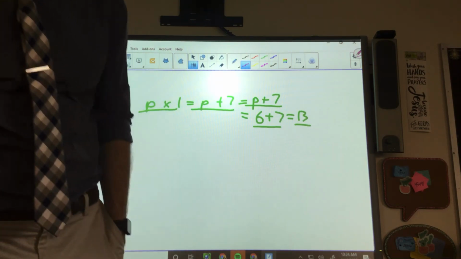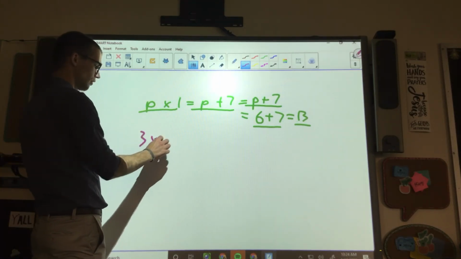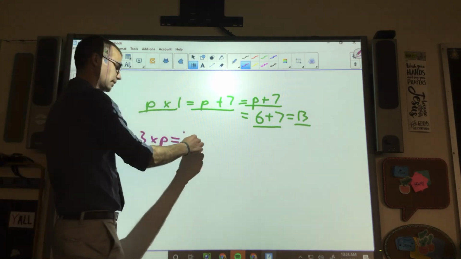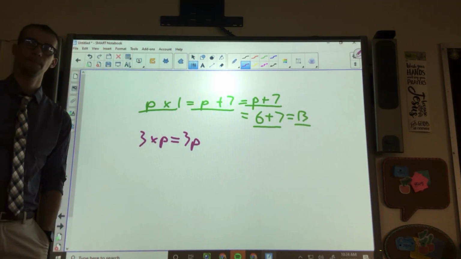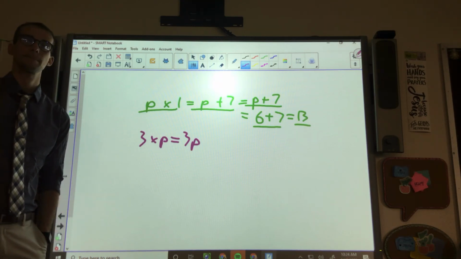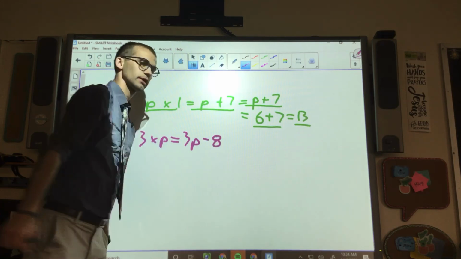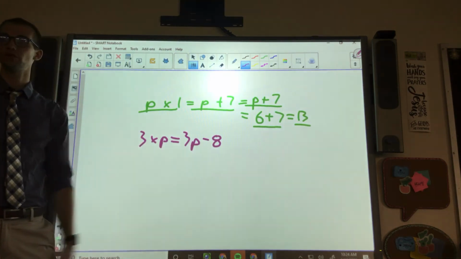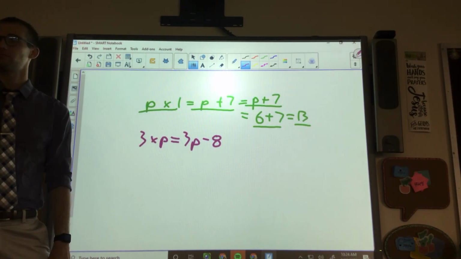So, on there, for the next one, it says 3 times P. What is 3 times P simplified to? 3P. And then what's the next thing they tell you to do? Jordy? Minus 8. Okay, do you know what 3P minus 8 is? Do you know what the value of that is right away? 5.